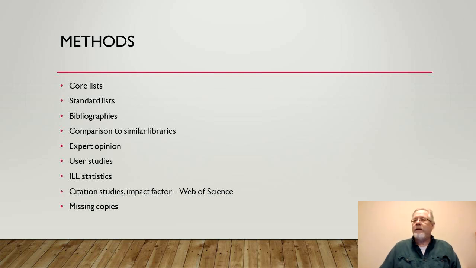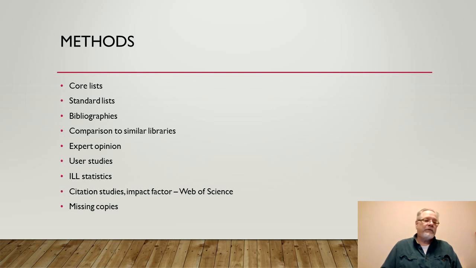Expert opinion. Finding someone who is a superb area, knows an area fairly well and knows what type of materials you'd have to have. And then, of course, there's user studies. As you talk to people, you determine what, or you can send out a survey, different things that you can ask the user, what sort of things do you expect the library to have?